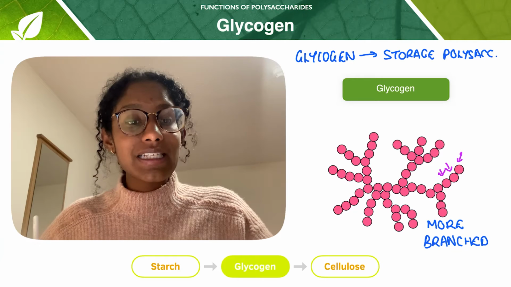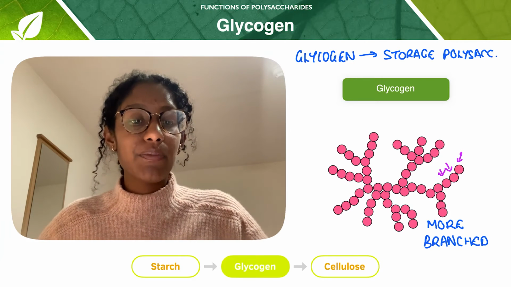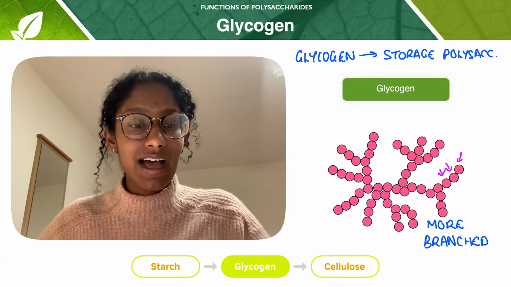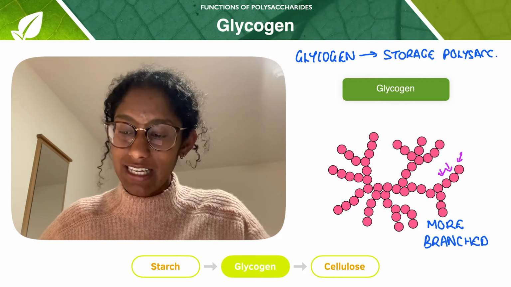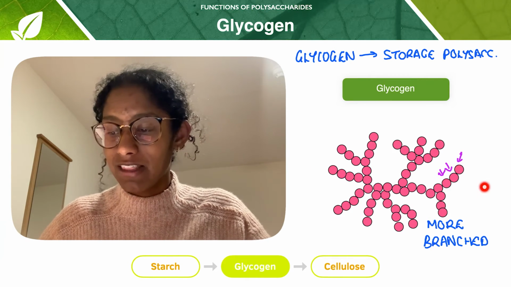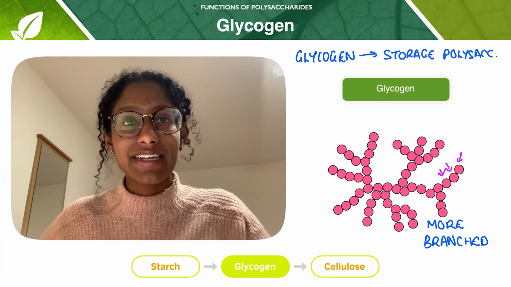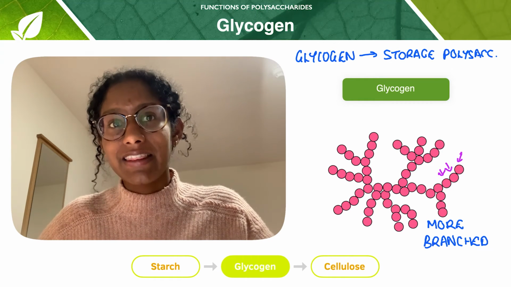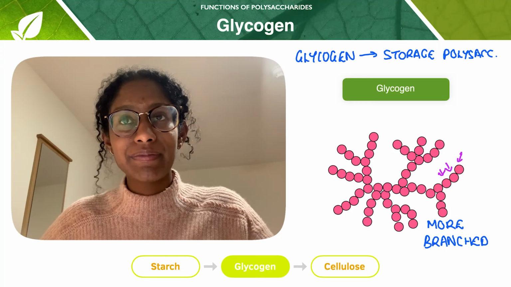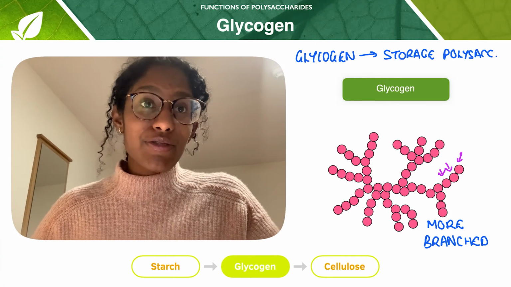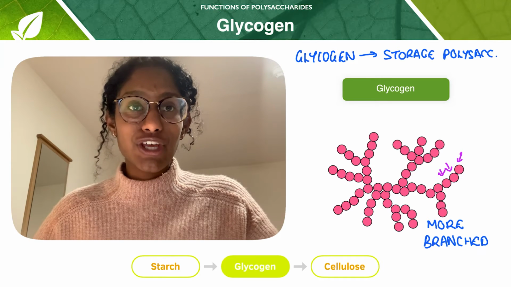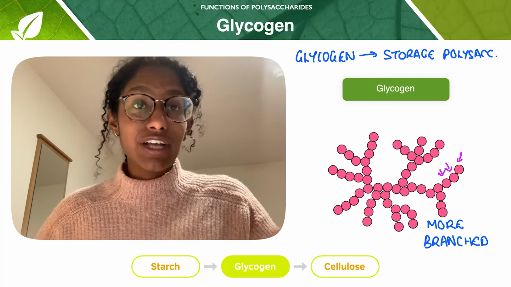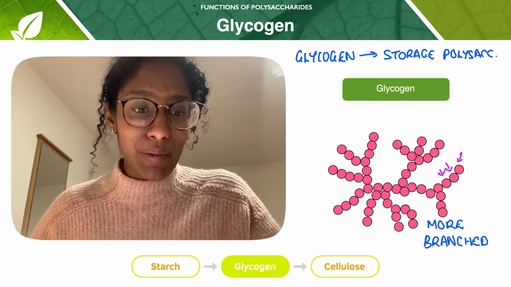Before we move on, something that I'd just like to point out is, why do you think animals have glycogen but plants don't? Because as we can see, glycogen is even better adapted than amylopectin for fast breakdown. So why don't plants need that? Have a think about it. Okay, so the reason why plants don't require glycogen but animal cells do is because animals in general are much more mobile than plants.